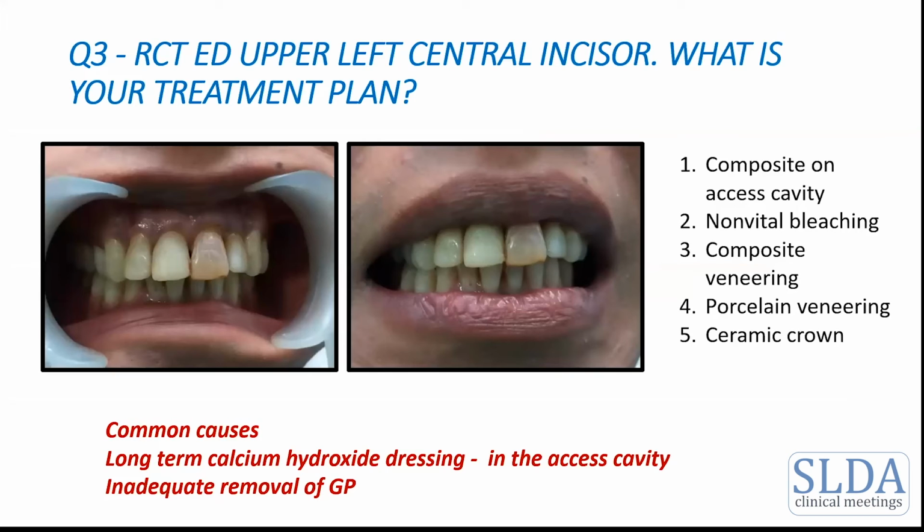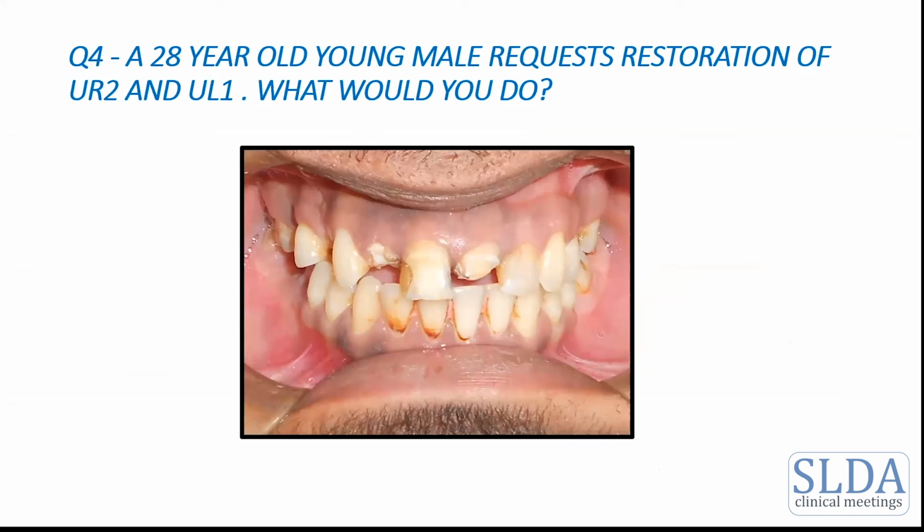If you leave the calcium hydroxide in the access cavity for a long time, you end up with a discoloration like this, and inadequate removal of GP is also a cause. Most of you have given the correct answer for question number 3.